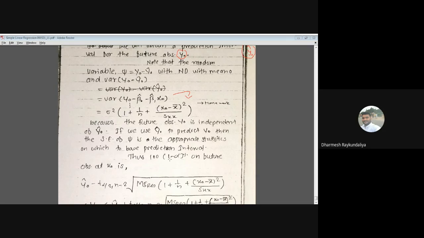Third is that errors and predicted values of y are also independent. Sum of yi is equal to sum of yi cap. Sum of residuals is 0 if the model is with intercept. Without intercept, summation ei is not 0. Rest of the things are true.